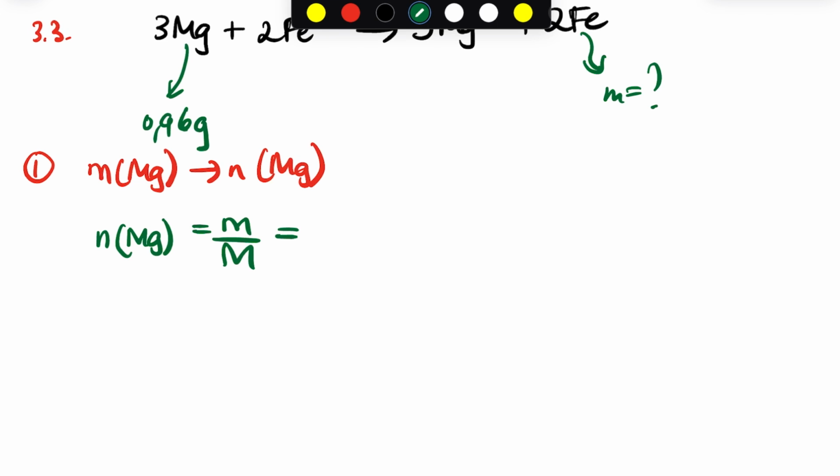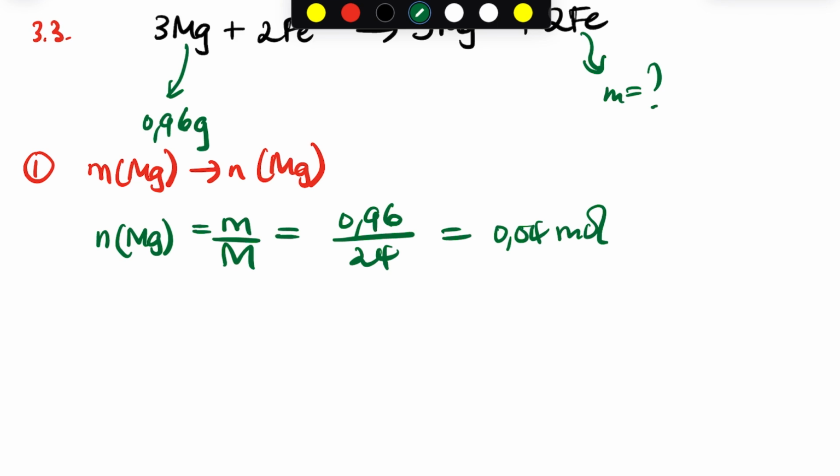The mass is 0.96, and we divide by the molar mass of magnesium, which is 24.